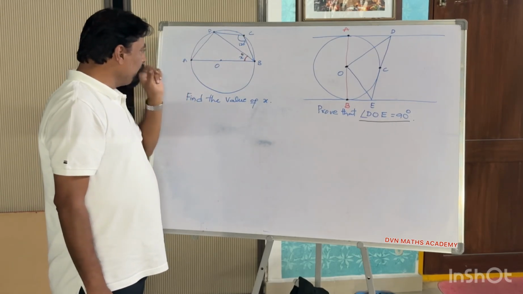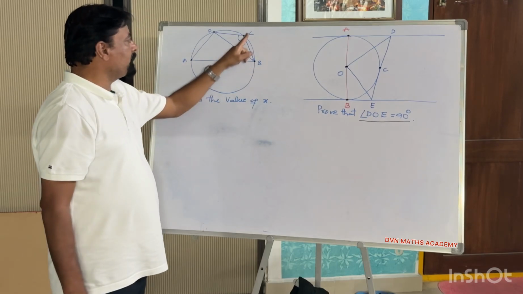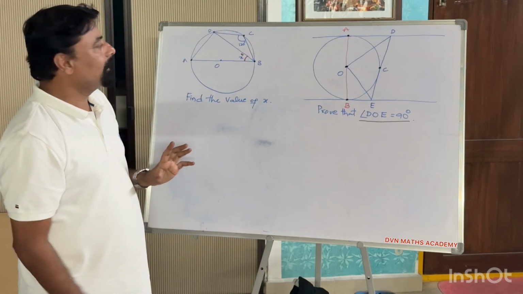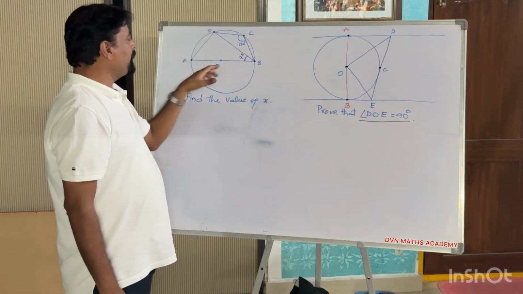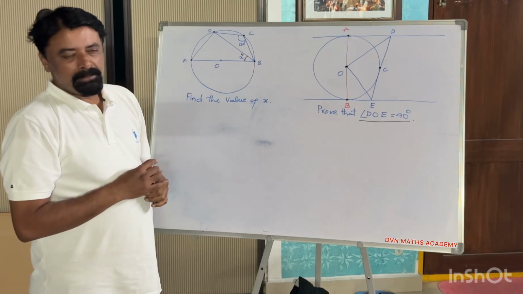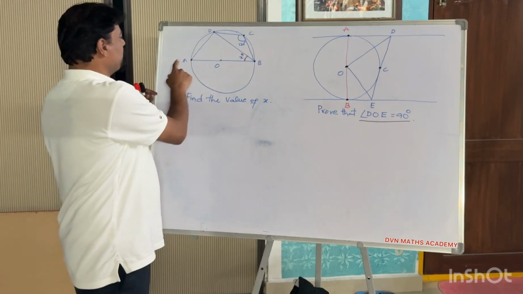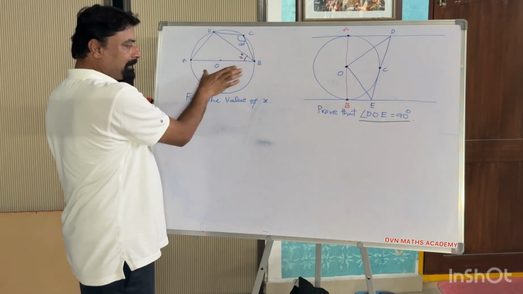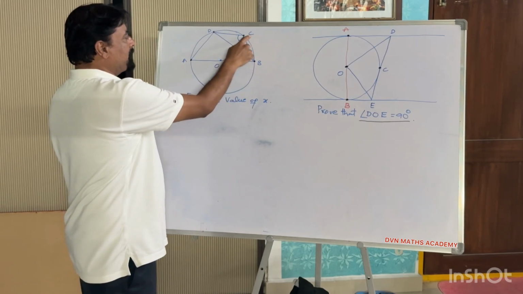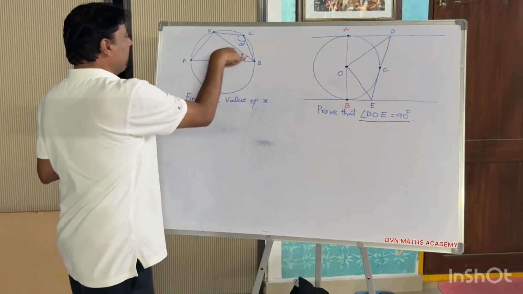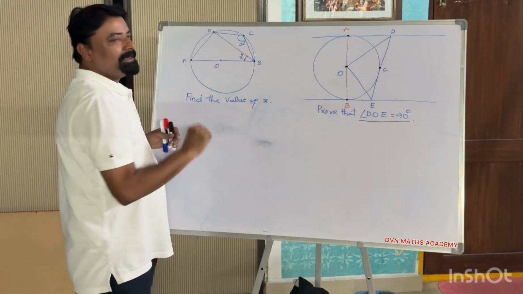By the way, he knows that all 4 vertices of the quadrilateral are on the circumference of the circle. So he wants to say that ABCD is a cyclic quadrilateral. AB is the diameter of the circle and A, B, C, D are the vertices of the quadrilateral, and all 4 are on the circumference of the circle.